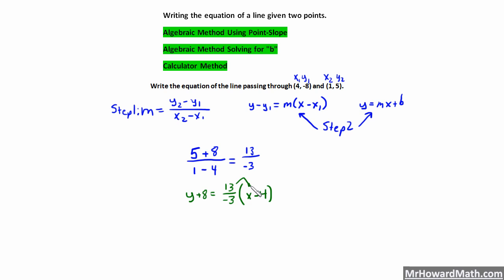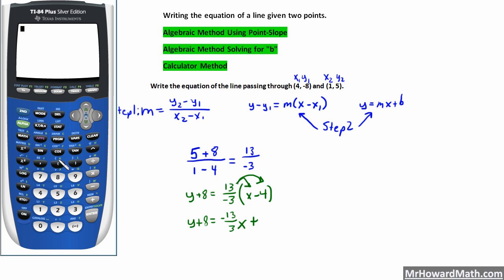Alright, we distribute here and here, so we have y plus 8 equals -13/3x plus, this will be plus because it's -4 times -13/3. Let's use our calculator here and see what that's going to be.